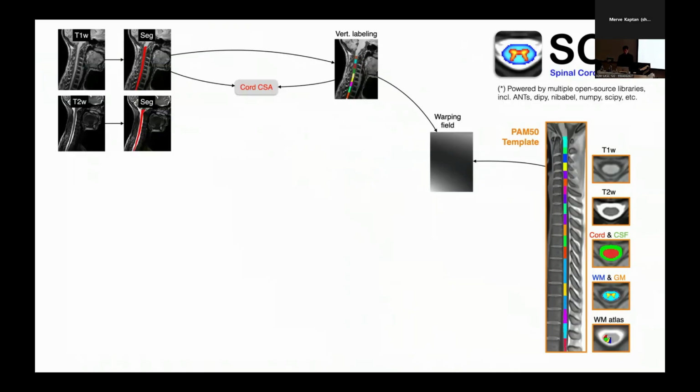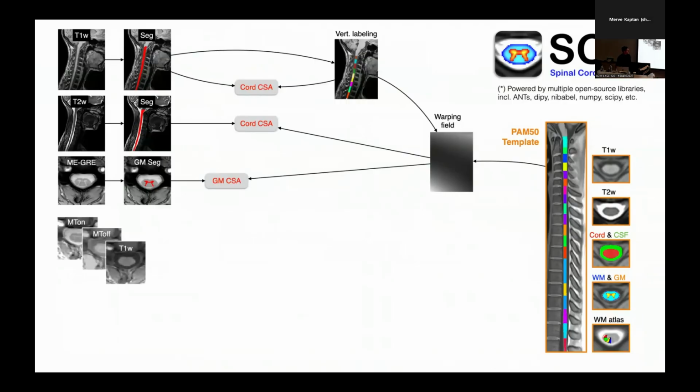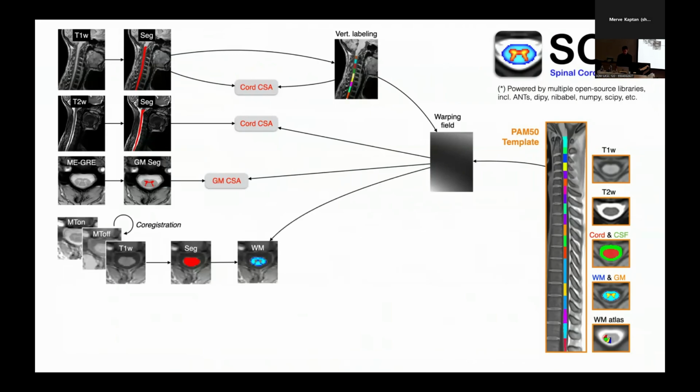Same was done for the T2 weighted scan, segmentation, registration to PAM50. The multi-echo gradient echo was segmented for the chord, but also for the gray matter in order to compute the gray matter cross-sectional area.